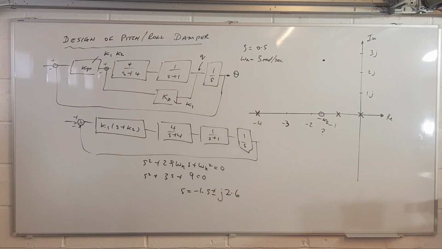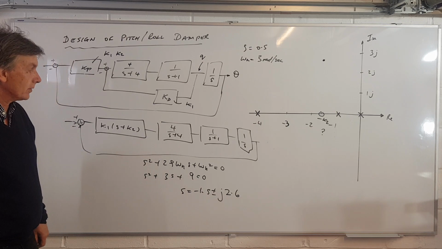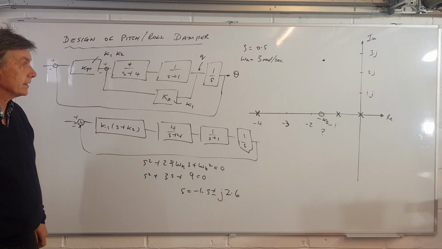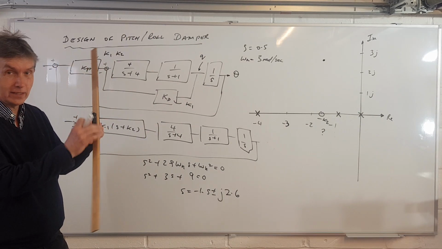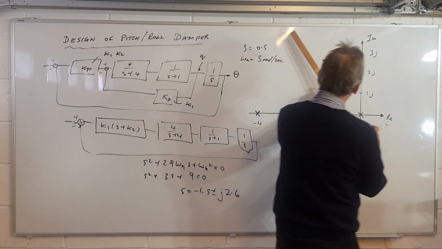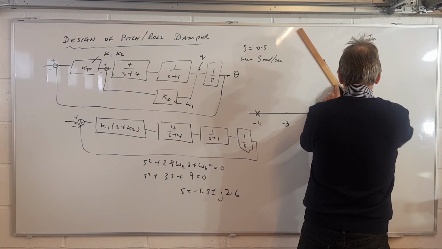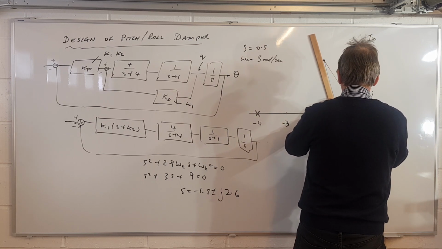So what we can do now is to use the angle criteria to locate K2. So this is relatively straightforward. Take a ruler, which I've got made specially for this experiment, and we draw lines in now from the poles to the poles, like this.